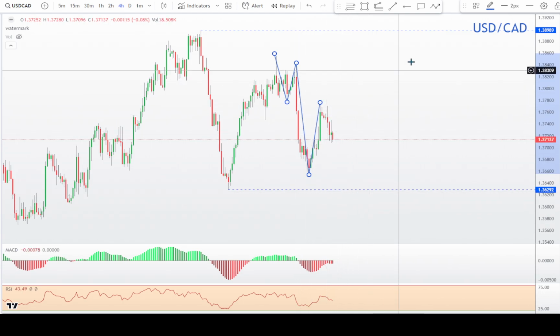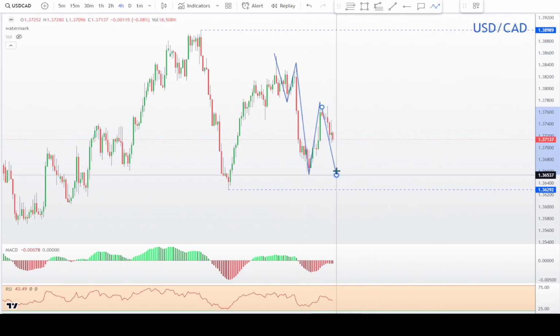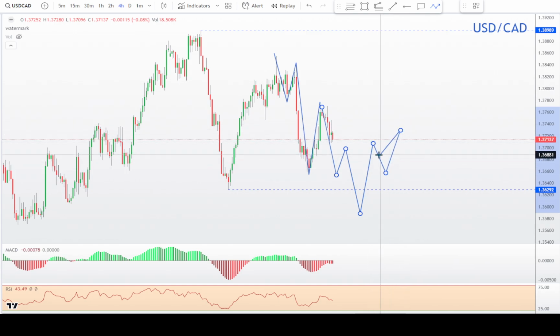Because if this comes down in 3 waves, and then starts going up, and gives you a 1, 2, 3 going the other way, then this ABC is done, and then it's just a matter of, is that all the correction?